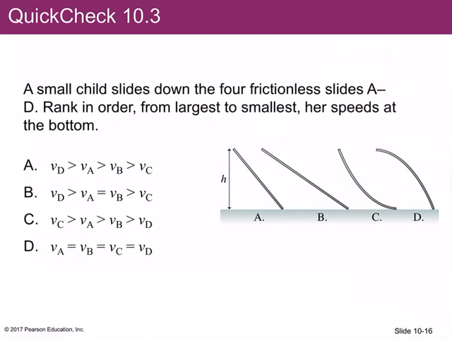The only thing that's affecting the potential energy is the height. Does the height change in any of these? No. So theoretically, then the velocity on these should be what? They should be equal because, again, your kinetic is equal to your potential energy.